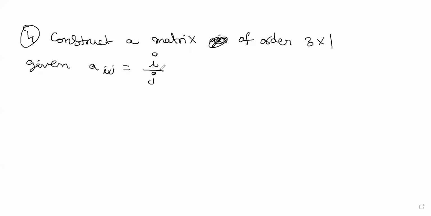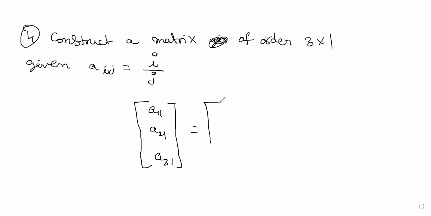Sir, answer is 1, 0.5, 0.33. Okay, very good. So you have A11, next downwards you have A21 and A31, right? So 3 by 1, 3 rows should be there and 1 column.